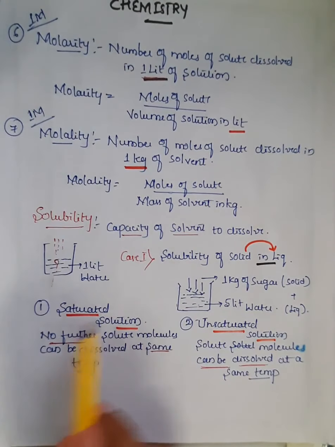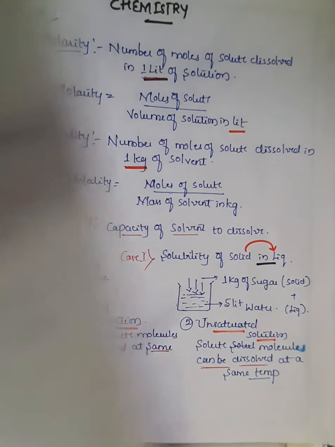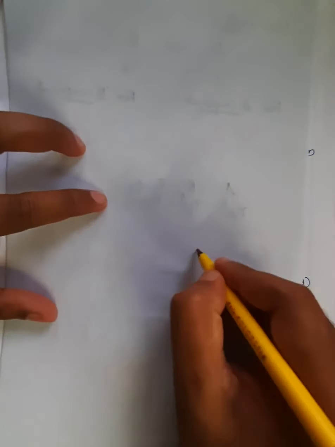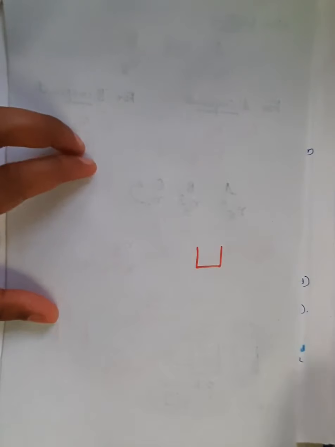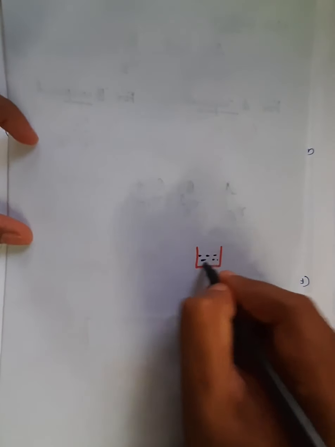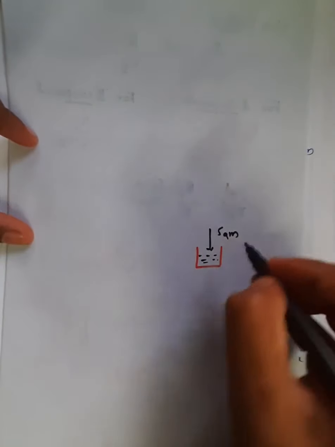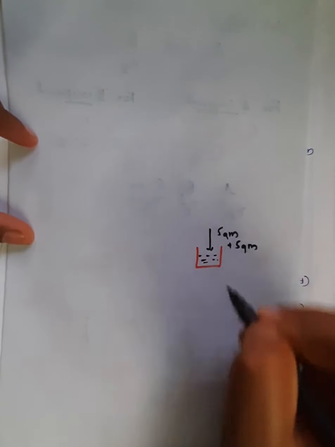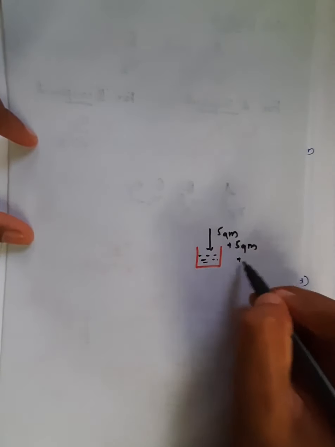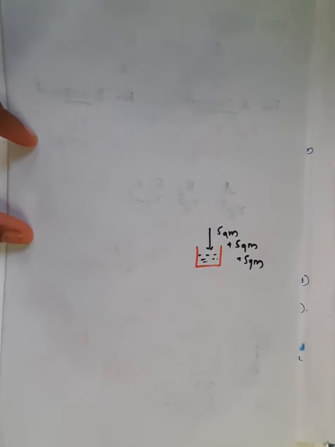A saturated solution means no further solute can be dissolved at the same temperature. For example, in this container I have taken water. I add 5 grams of sugar, it dissolves. I add another 5 grams, it dissolves. Further, if I add 5 grams, that also dissolves.